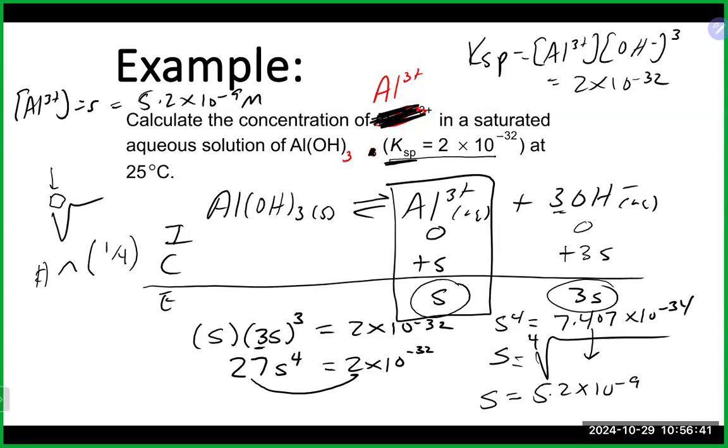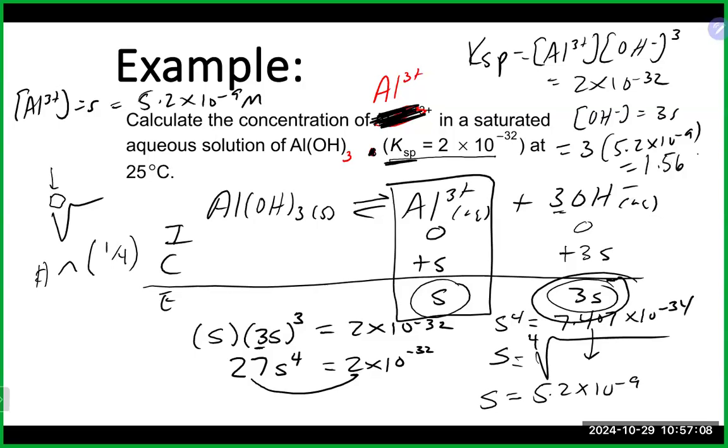By the way, we could also, if we wanted to, figure out the hydroxide concentration at this point, and the hydroxide concentration would equal 3S. So it would be 3 times that, 5.2 times 10 to the minus 9. And that would give us our hydroxide concentration of, looks like something like 1.56 times 10 to the minus 8 molar.